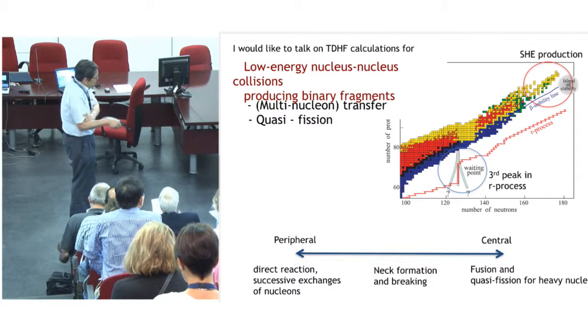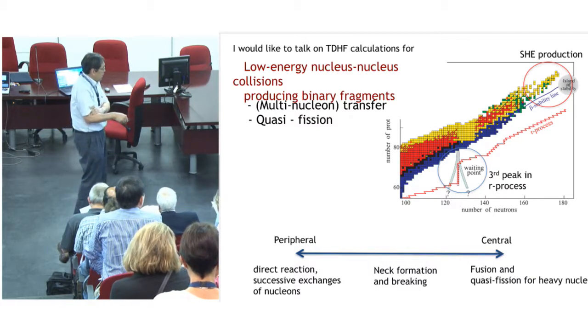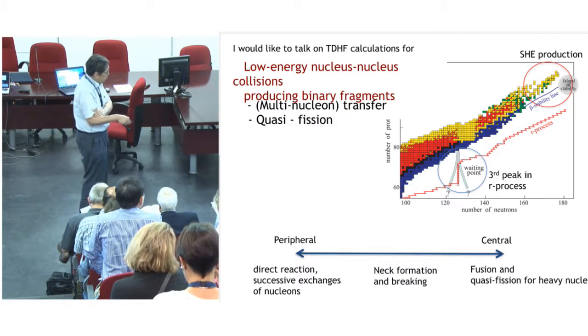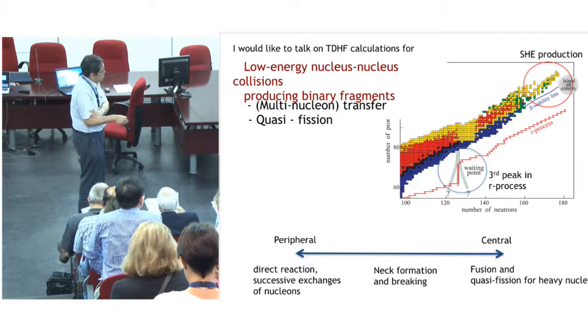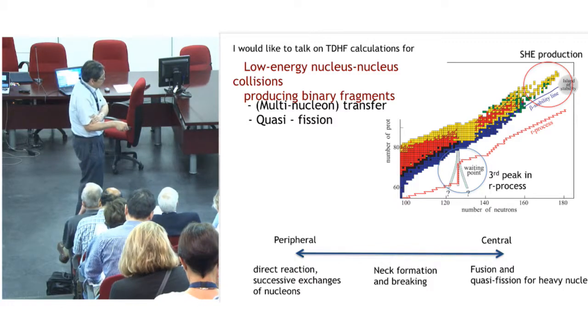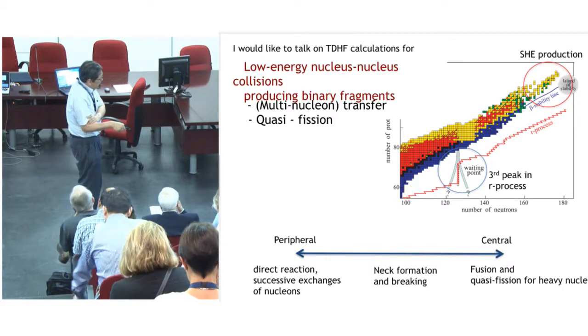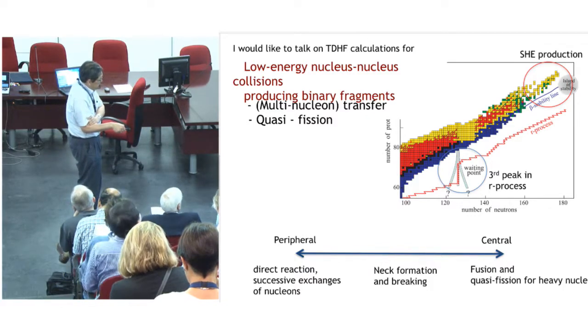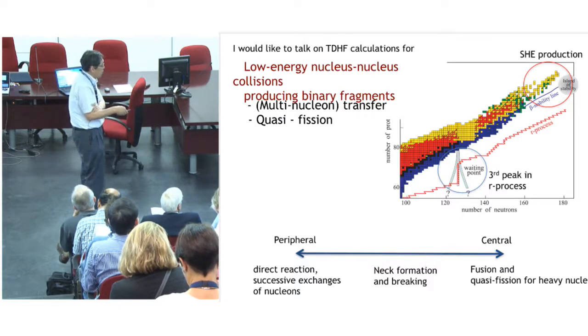But as the impact parameter decreases, then we find a reaction forming a neck, and the neck breaking gives the transfer reaction of multi-nucleon transfer. And at the small impact parameter, we have fusion, but when heavy nuclei come in, then quasi-fission dynamics also appears.